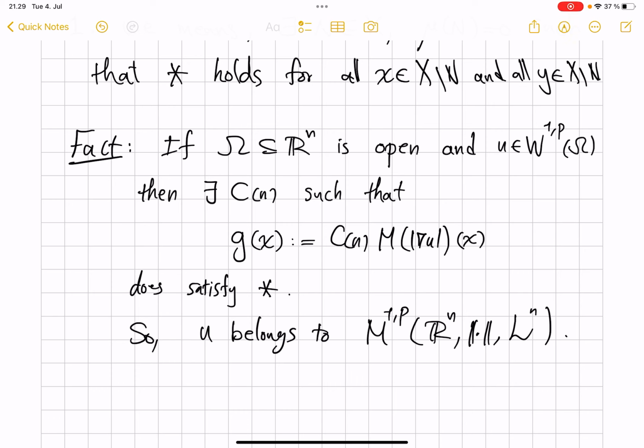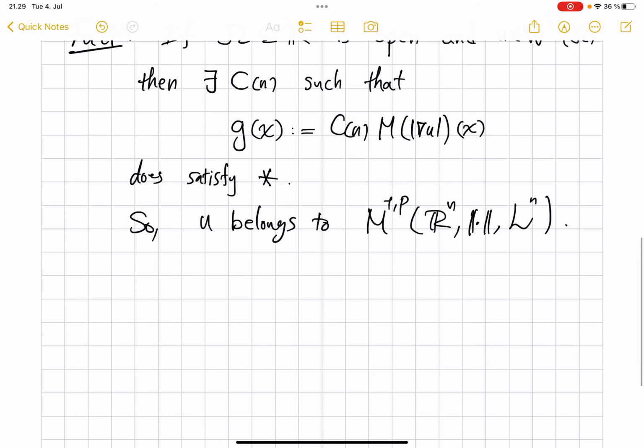And this explains also the notation M for the space M^{1,p}, because M comes from the maximal function. Now, I hope you know what the maximal function is.